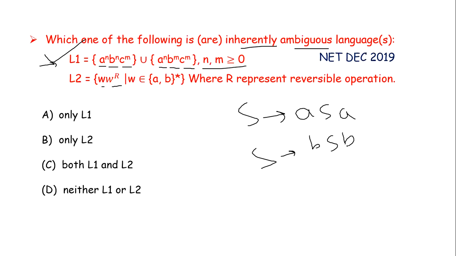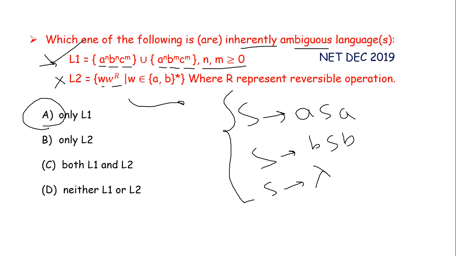This question has been asked many times, whether W W^R is inherently ambiguous or not. It is not inherently ambiguous because we can represent it using this unambiguous grammar. You can easily verify that this is an unambiguous language. So among L1 and L2, only L1 is inherently ambiguous, L2 is not. So the answer will be option A, that is only L1.